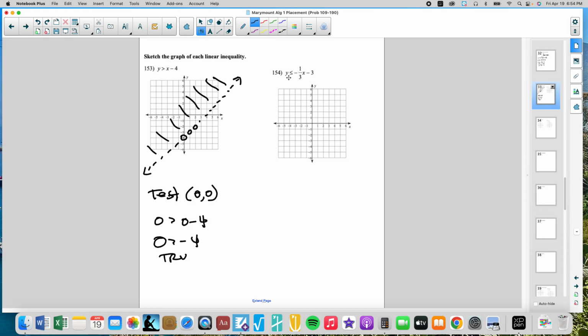Y-intercept, this time it's an equal sign, so it's going to be a closed circle on -3. I'm going to use my slope, which is -1/3. So I need to understand it's either -1/3 or 1/3, not -1 over -3. There's only one negative, so make sure there's only one.